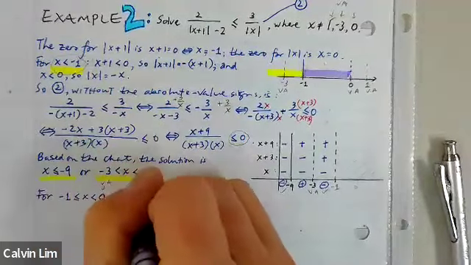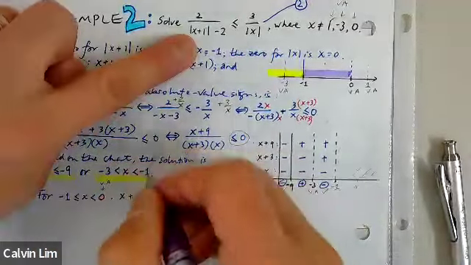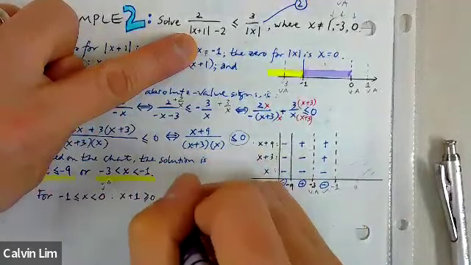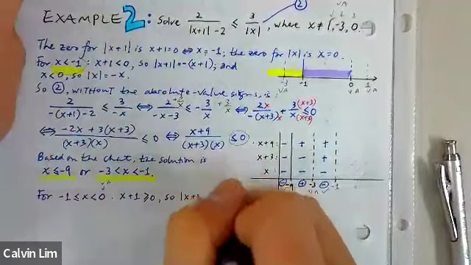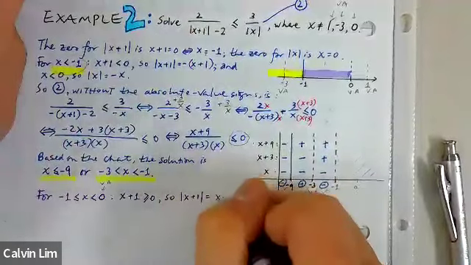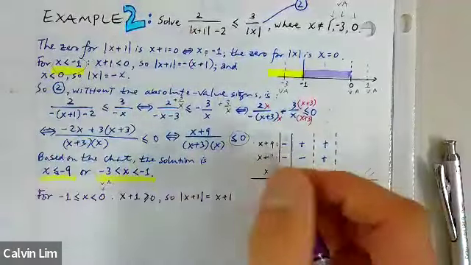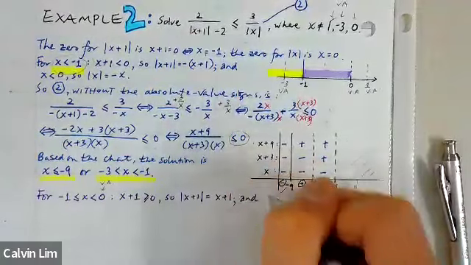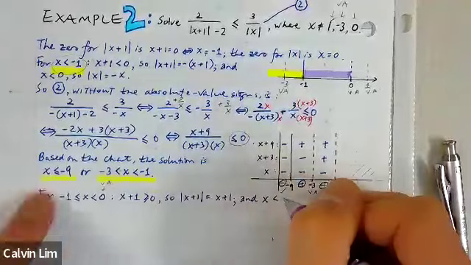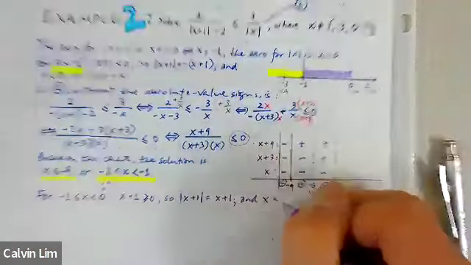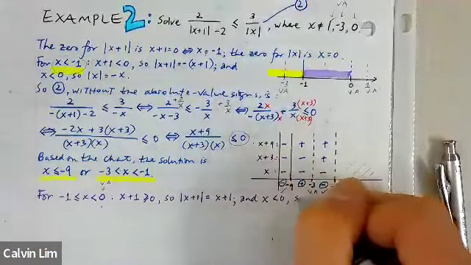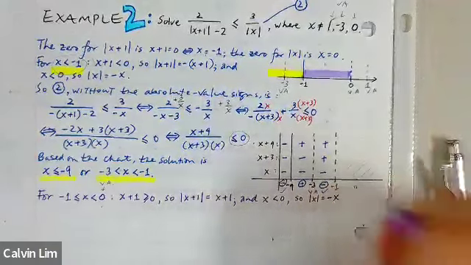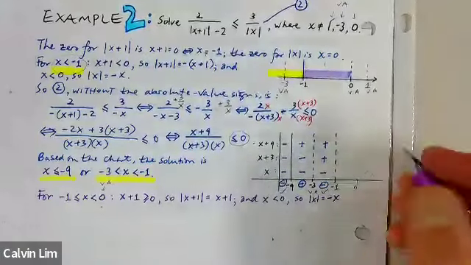x plus 1 is greater than or equal to 0, so the absolute value of x plus 1 equals just x plus 1 without the absolute value sign. And if x is in this region, x will be negative, so the absolute value of x, without the absolute value sign, is negative x.